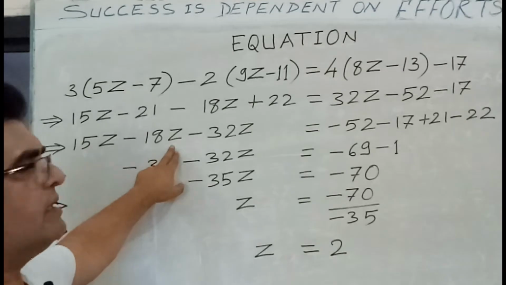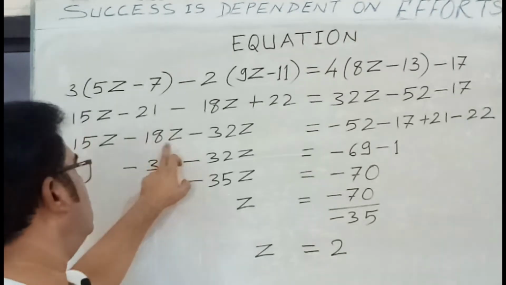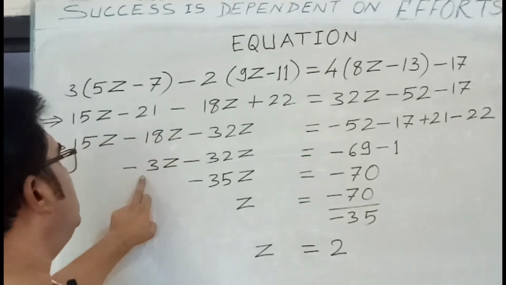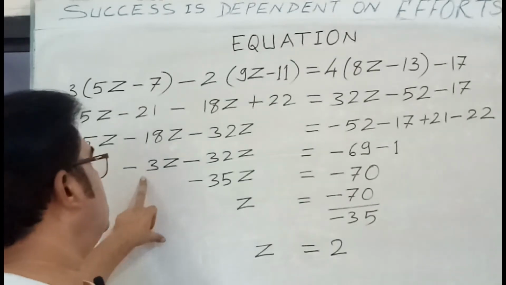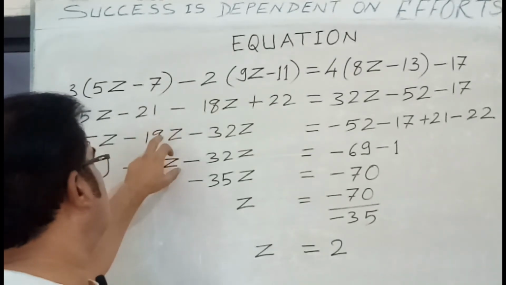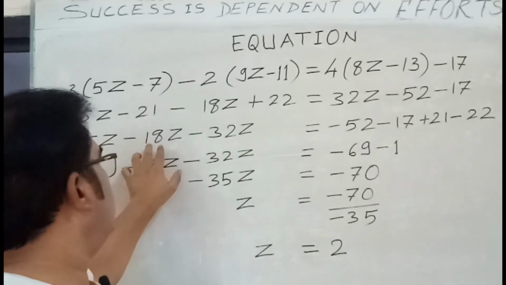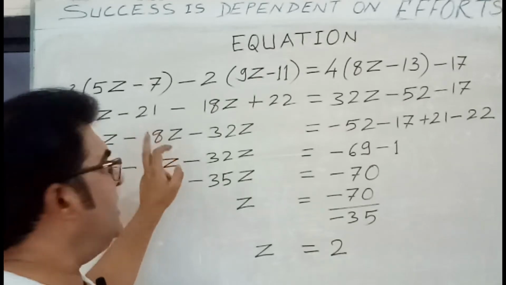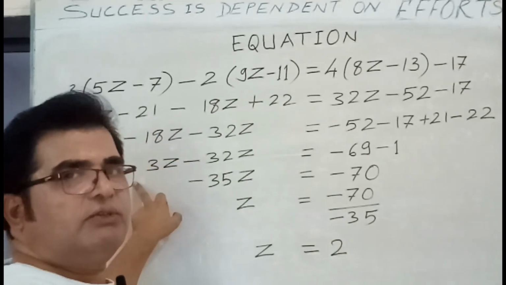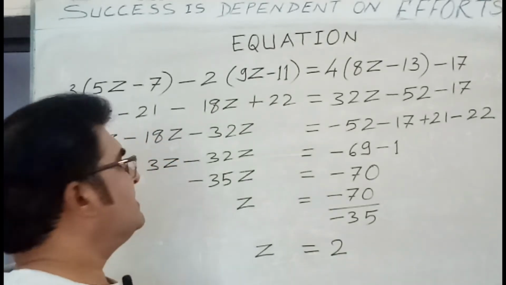15z minus 18z, or in a simple way you think 15 minus 18 will be minus 3. The sign will be minus because when you compare 18 and 15 without sign, 18 is greater than 15 and 18 has a negative sign. So it will be minus 3z.